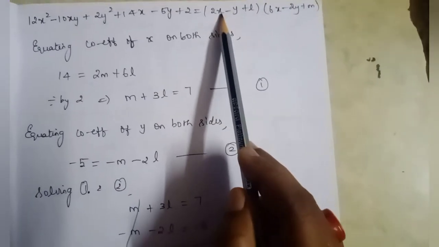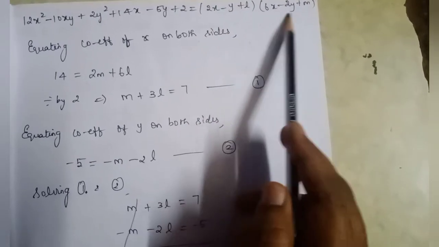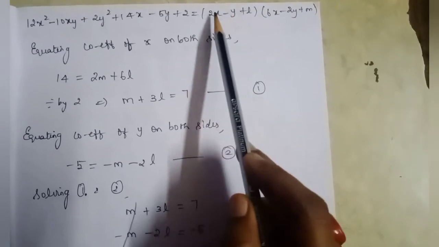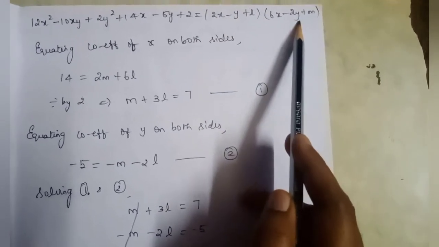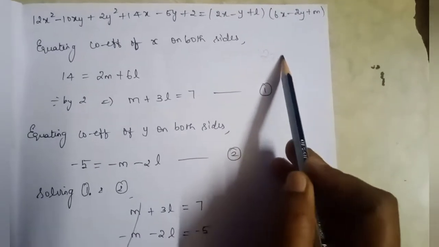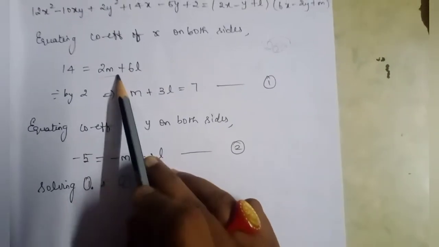For example, if I am taking the 2x here, when I am multiplying 2x with every other number here, 2x into 6x will get me x square term, that is not needed. 2x into y will get me xy term, that also is not needed. 2x into m will get me 2xm. So the coefficient of x will be 2m. So I have written 2m here.